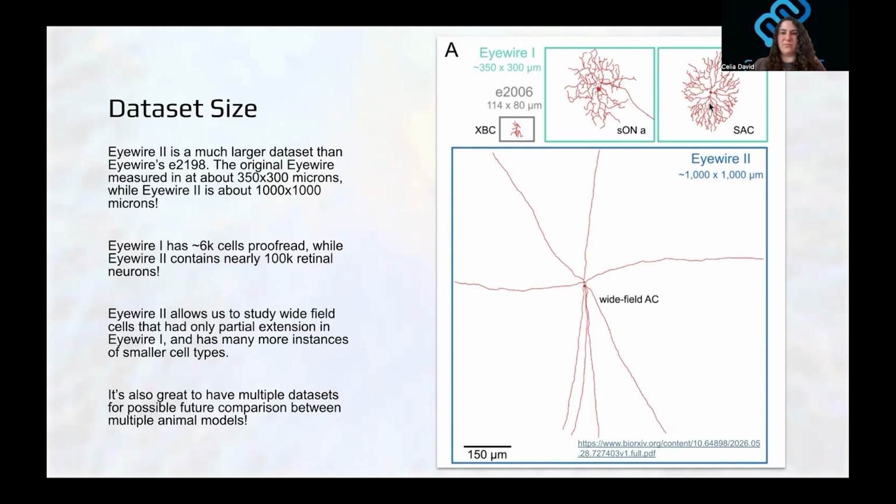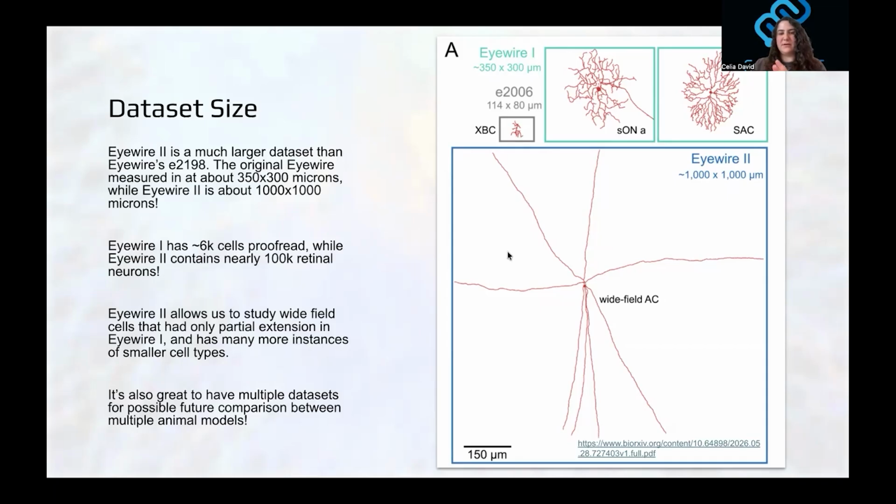Eyewire 1 had a bunch of examples of these types of cells, and Eyewire 2 will have many more. So we get more instances of various cell types, which is great, and a bigger picture on some of the wide field cells.